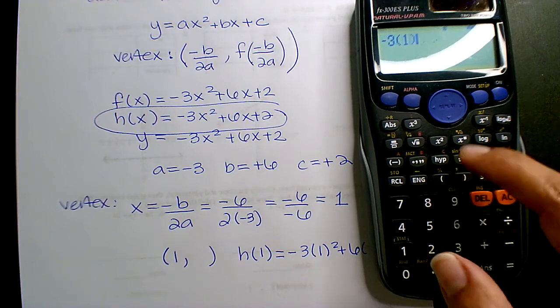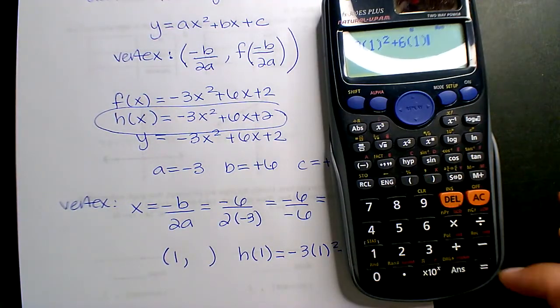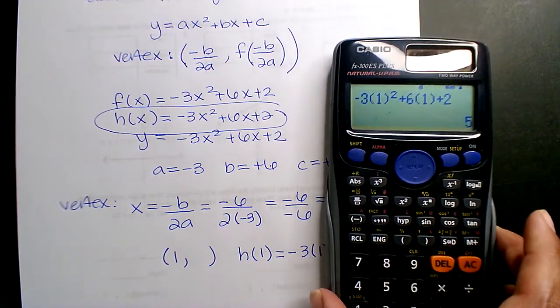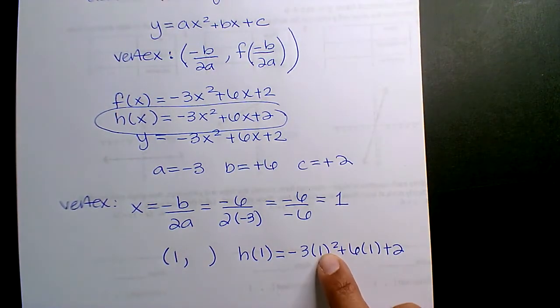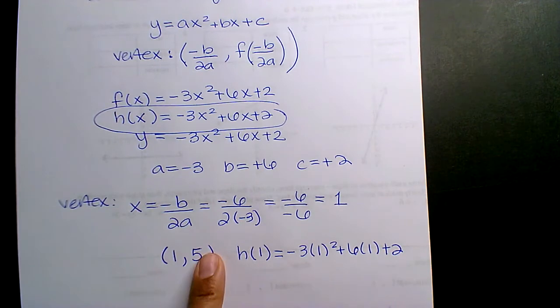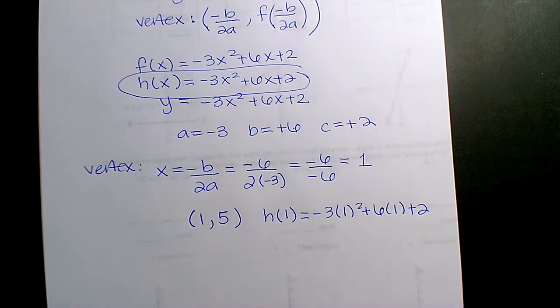It should be 5, because what's 1 squared? 1. What's 6 times 1? 6. So what's -3 plus 6? 3. 3 plus 2, 5. All right, that is now your vertex. And so now you are back to where it was in vertex form. It's that easy.